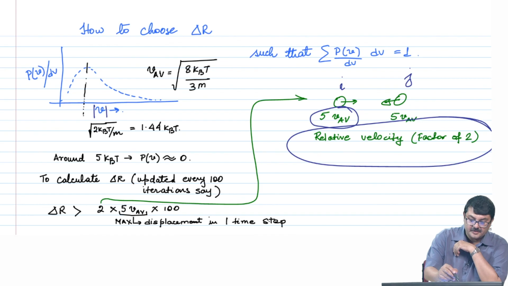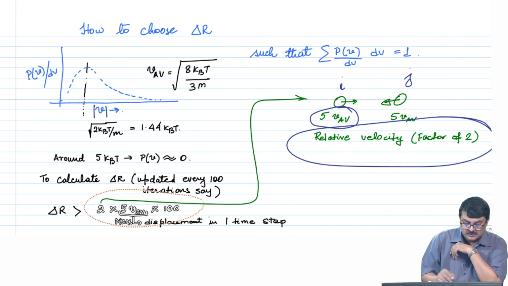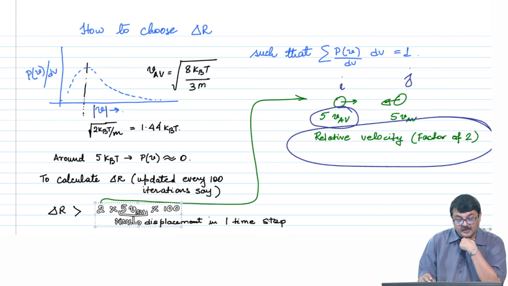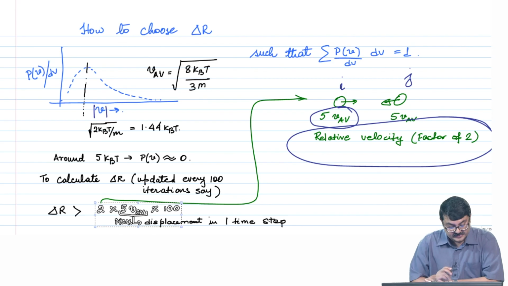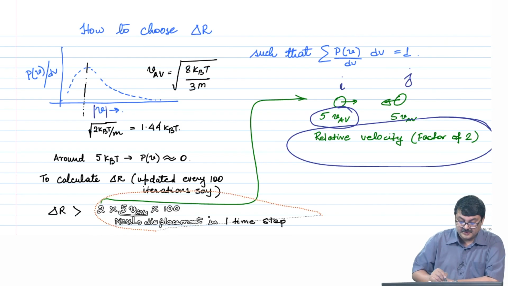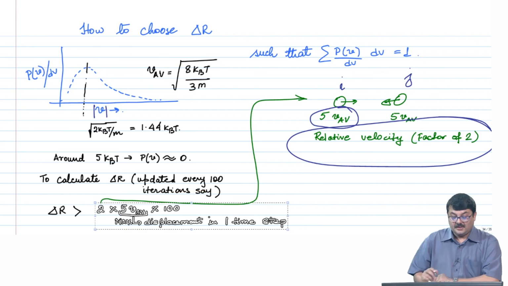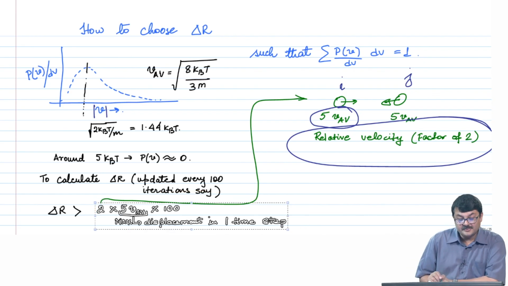That will be 2 into 5 v average into 100 iterations, into dt, because v into dt is displacement.